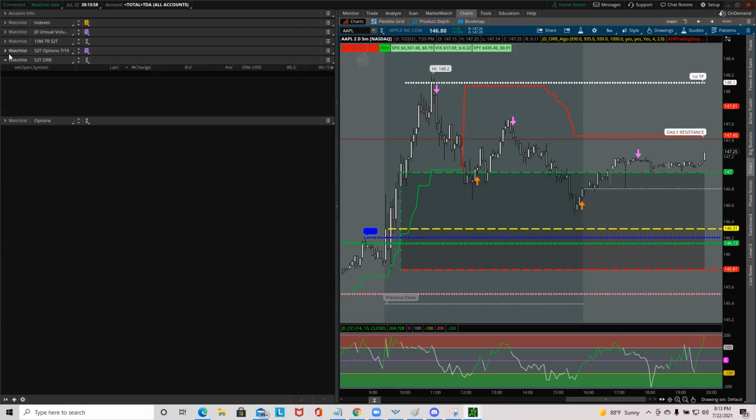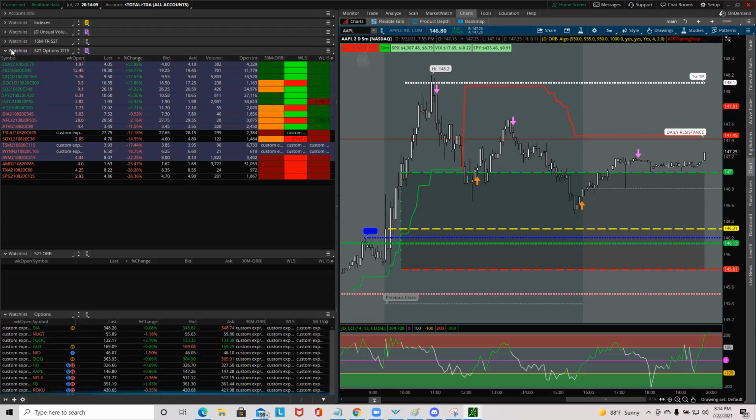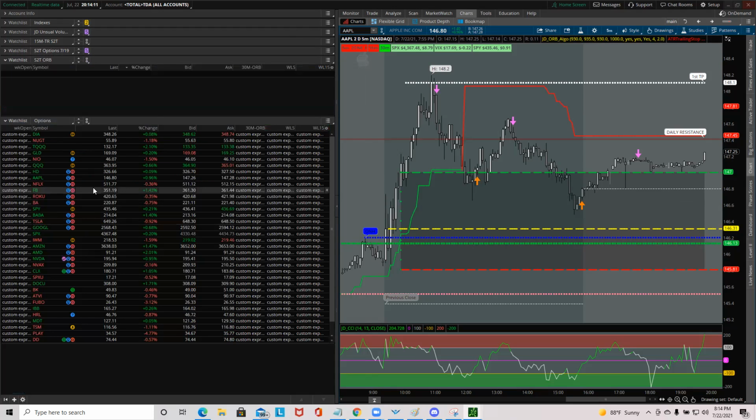I also personally track the underlying for all the different symbols that we trade in the options, because we're selecting a particular contract here, but the underlying may be moving a little differently, or I just like to keep a check on what's going on with the actual symbol, as opposed to just tracking the contract.